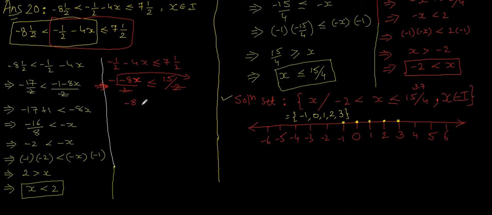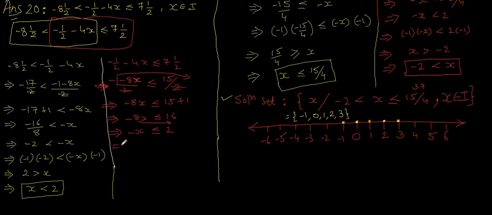So here minus 8x less than or equal to 15 plus 1, which implies minus 8x less than or equal to 16, which implies minus x less than or equal to 2, because 8 goes down. 8 2s are 16.